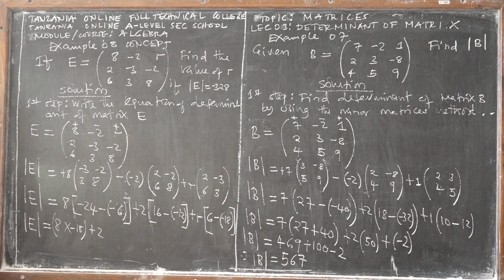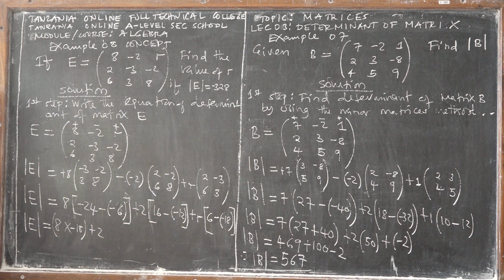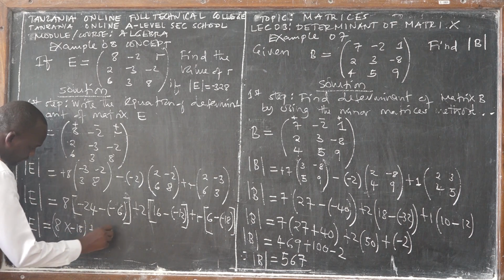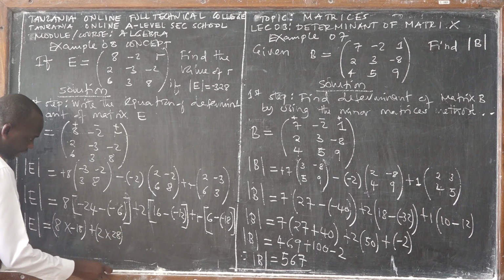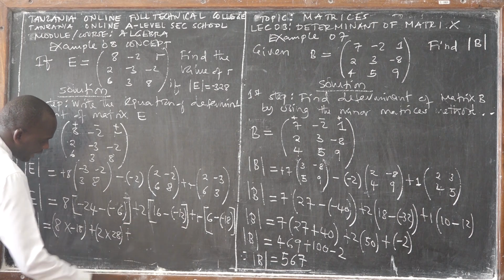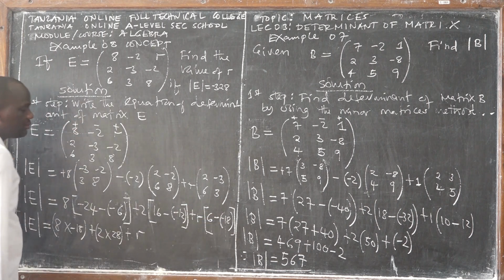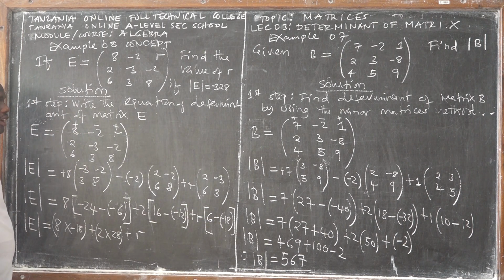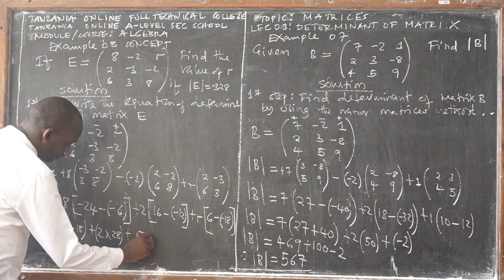Then negative times negative 12 is positive. 16 plus 12. So 2 times 20... 28. Plus R. Then negative times negative 18 is positive 18 plus 6. 24. So multiply by what?